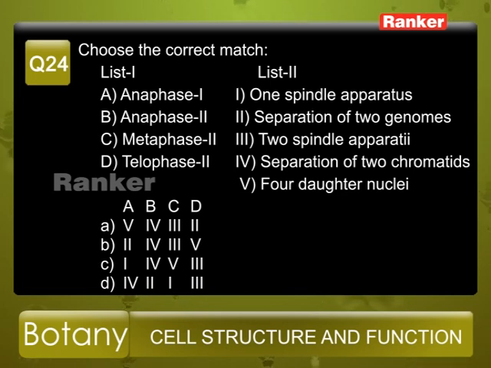And 5. 4 daughter nuclei. The given options are option A, 5, 4, 3 and 2. Option B, 2, 4, 3 and 5. Option C, 1, 4, 5 and 3. Option D, 4, 2, 1 and 3.